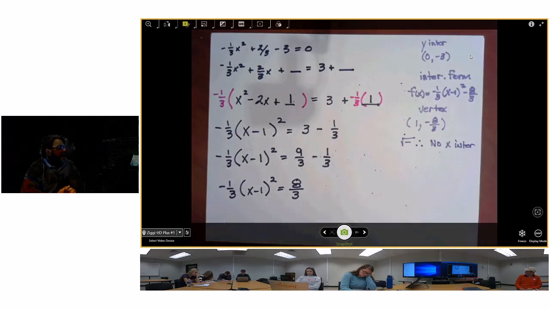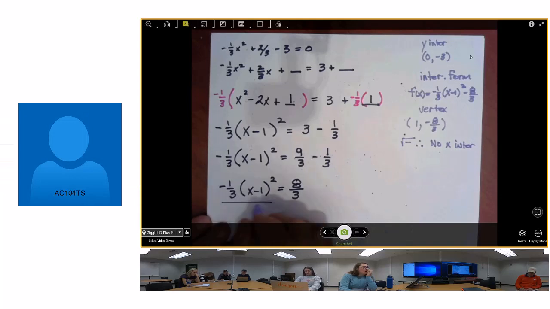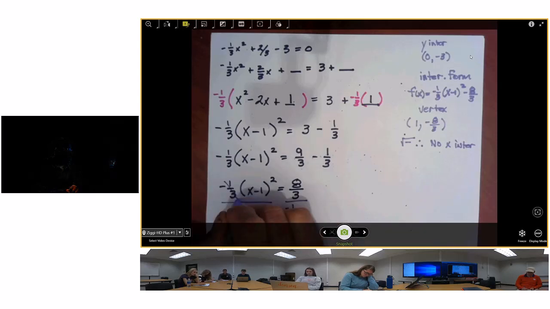You go ahead and solve it in terms of i. So we're going to divide by -1/3 and divide by -1/3, and this cancels.